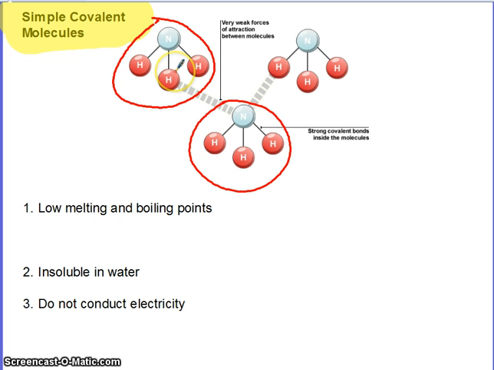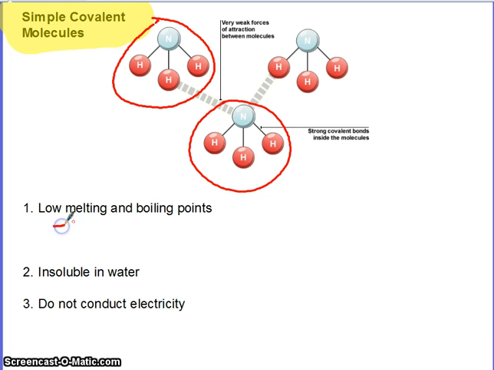So it doesn't require very much energy to pull this ammonia away from this ammonia. And that means that simple covalent molecules have low melting and boiling points, even though the bonds within the molecule are very strong. So frequently asked, why do simple covalent molecules have such low melting and boiling points? Usually they give a molecule. Why does nitrogen have such a low melting and boiling point? Why does methane have such a low melting and boiling point?